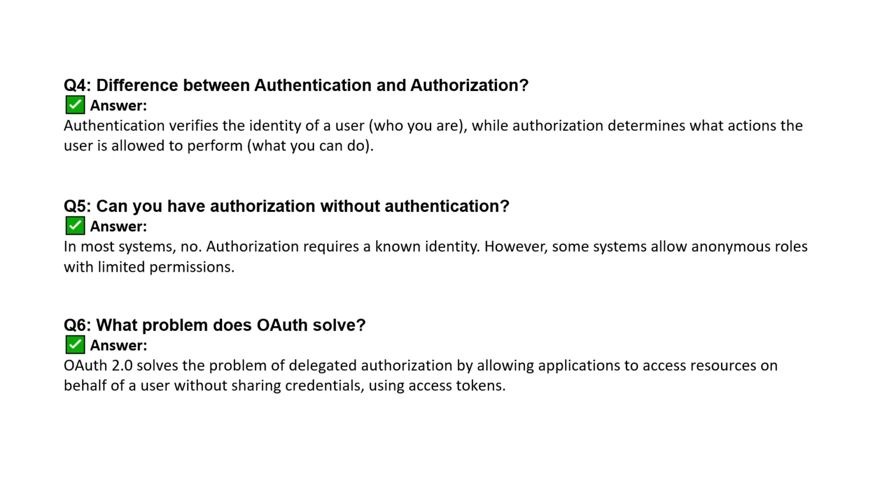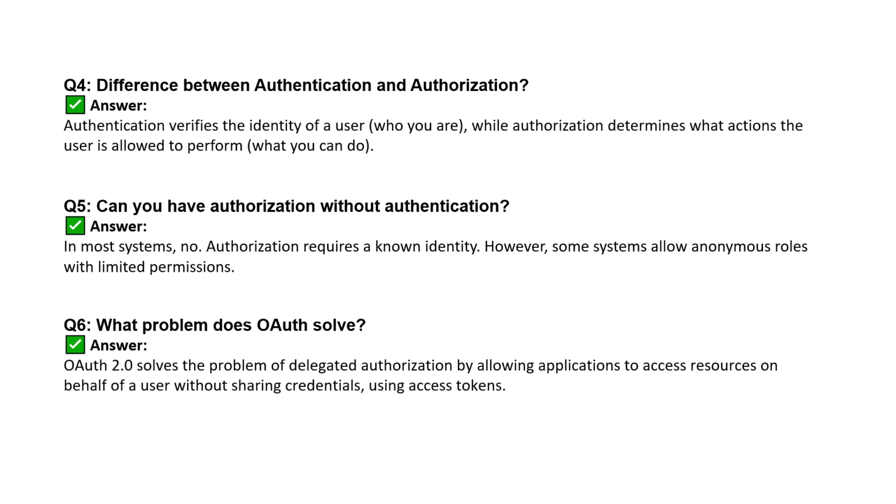The next question: what is the difference between authentication and authorization? I suppose you people know this. Authentication verifies the identity of the user, who you are, and authorization is what you can do. It means what you are authorized to do, which action you can perform, and which page you can visit. These are done by authorization. This is a pretty simple question. Can you have authorization without authentication? Actually, in most systems, it is not allowed.